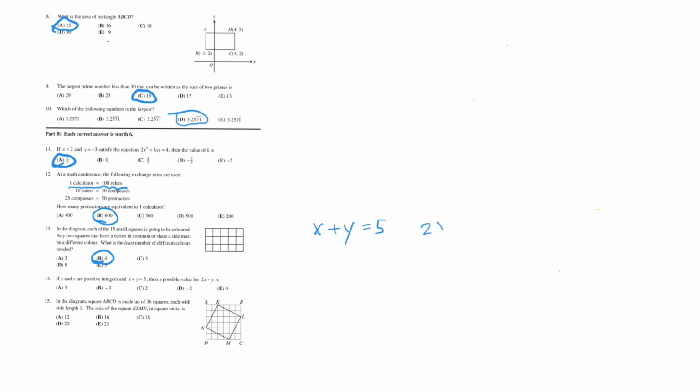So possible x, y values could be 1, 4; 4, 1; 2, 3; 3, 2. Only the 4 possible choices. So we put the 1, 4. That's 2 times 1 minus 4, that's negative 2. So we have the negative 2 choice. So number 14, the answer is D.